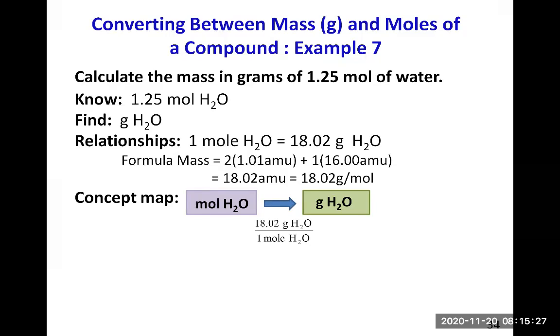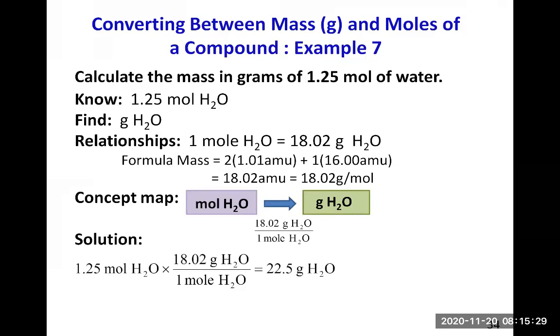When you see the solution, it looks like this. It's 1.25 moles of water, the given amount written in the numerator, multiplied by 18.02 grams of water over 1 mole of water. This way the moles of water cancel, the units cancel. In the calculator, you do 1.25 times 18.02, and that's 22.525.